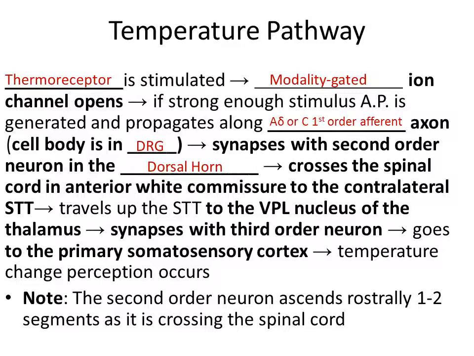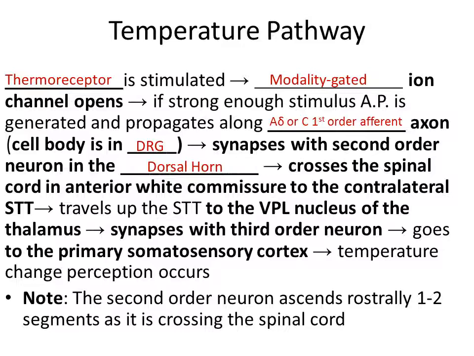That second order neuron is going to cross the spinal cord in the anterior white commissure, travel up the spinothalamic tract to the ventroposterolateral nucleus of the thalamus. It's going to synapse with a third order neuron, which is going to go to the primary somatosensory cortex in the parietal lobe. And there we detect and perceive a change in temperature.